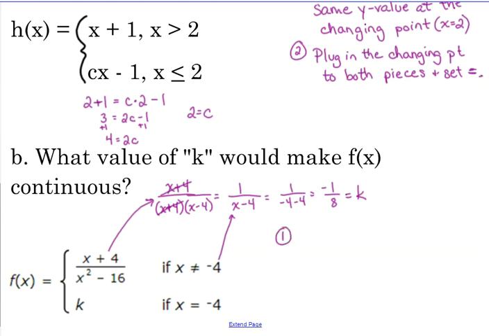Just when you have a rational function like this, you want to factor and cancel, and then plug in the changing point. We'll keep calling it the changing point, even though this function technically doesn't change there, but that's the point of discontinuity. So you factor and cancel, then plug in the changing point, and you've got it.